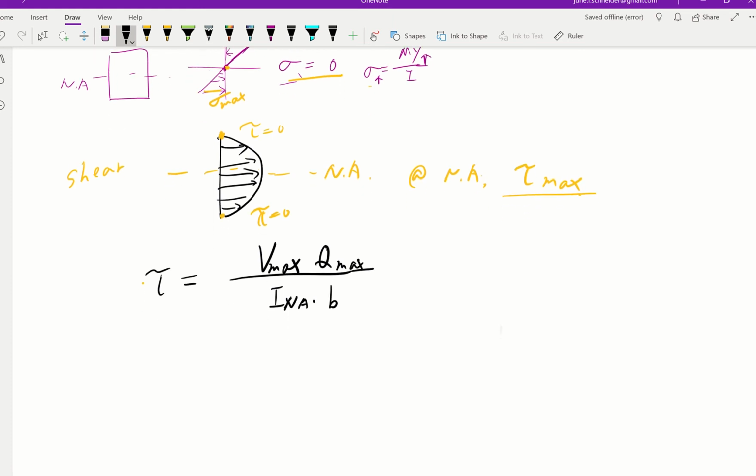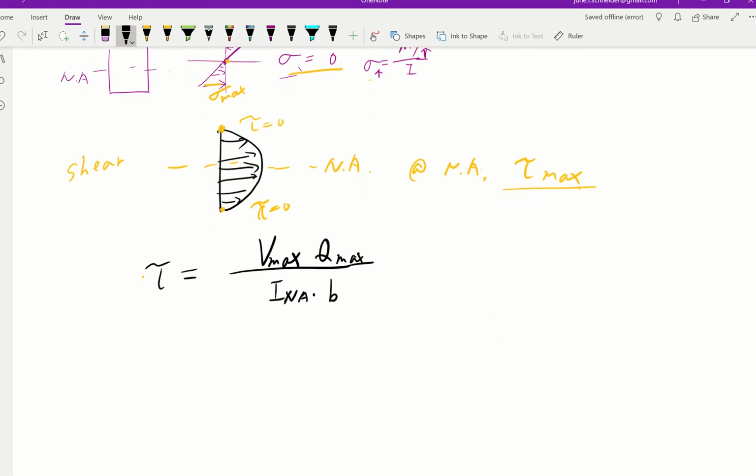So let's go ahead and explain what they are. This is going to be maximum since we're using the maximum value. Vmax is maximum shear, which is self-explanatory. That's from our load, shear, and bending diagram, where we find the highest point on the shear diagram.